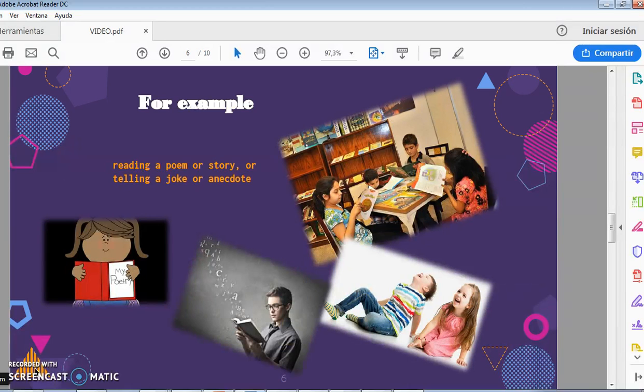For example, reading a poem or a story or telling a joke or anecdote is very important because stories are a useful approach to language teaching, and stories support natural acquisition of language. I think that poems and stories are meaningful inputs.